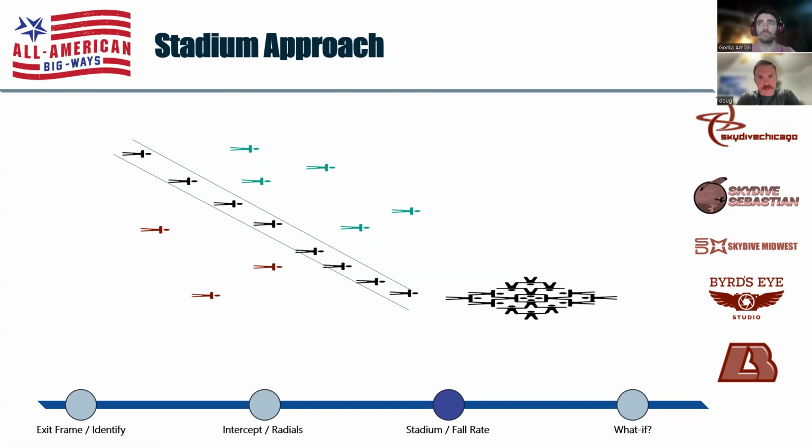And then if we look at the people that are in a greenish hue above them, that would be high in the stadium, right? What we can see is that there are people underneath of them that are on the proper stadium line and angle. If you can't see those people that are in front of you, this is where we risk falling on or backpacking someone that could be below you.